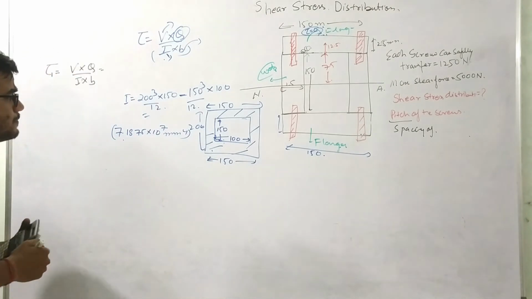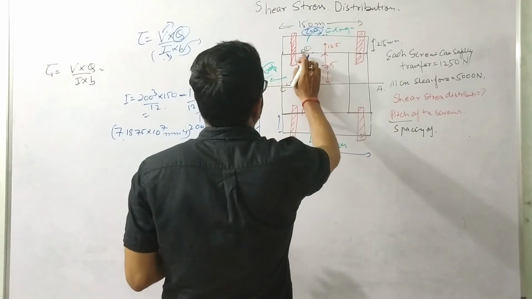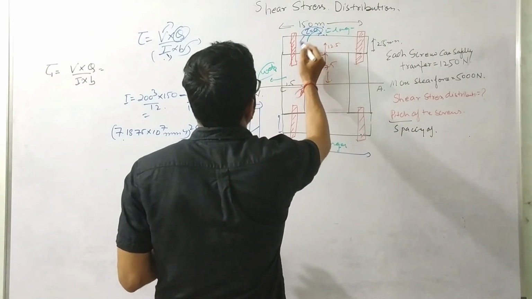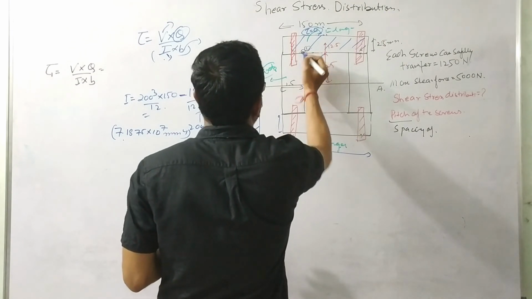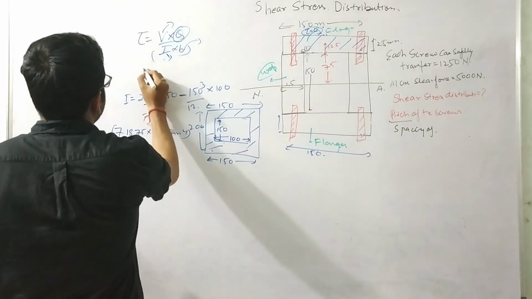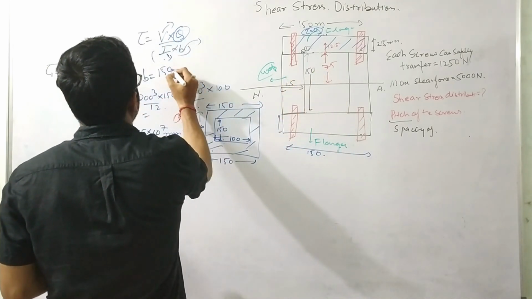Right, now I need to calculate my first moment of area at this level, so I need to consider this area only, at this point just above the junction. B at this point will be 150 mm.